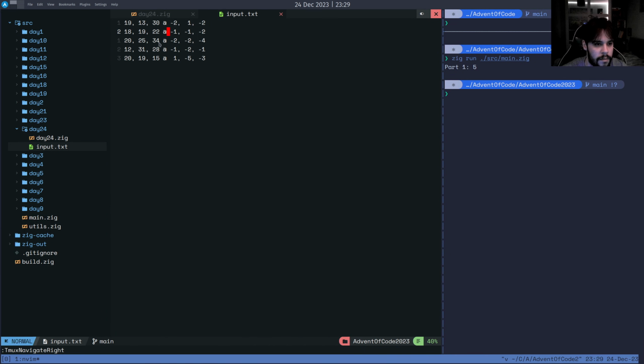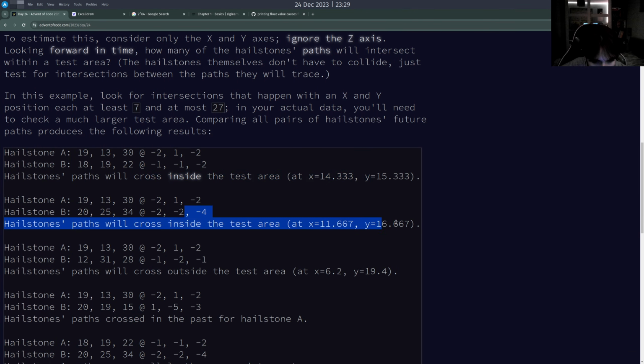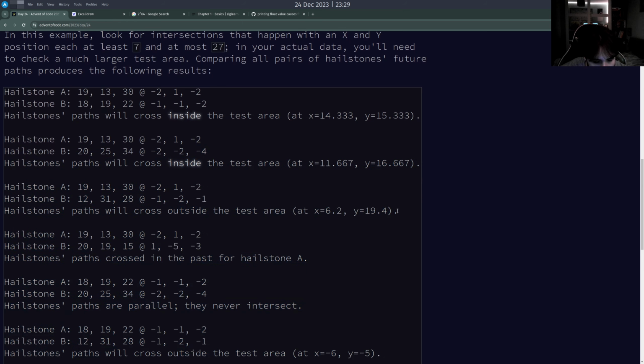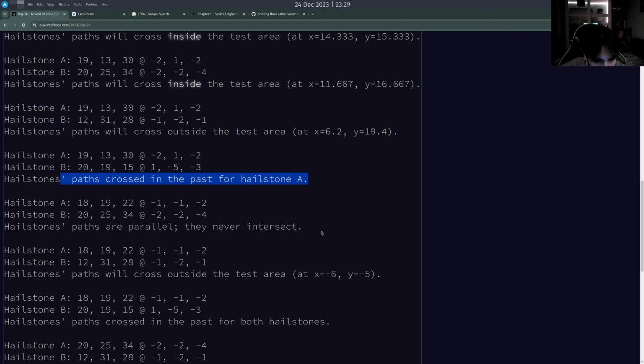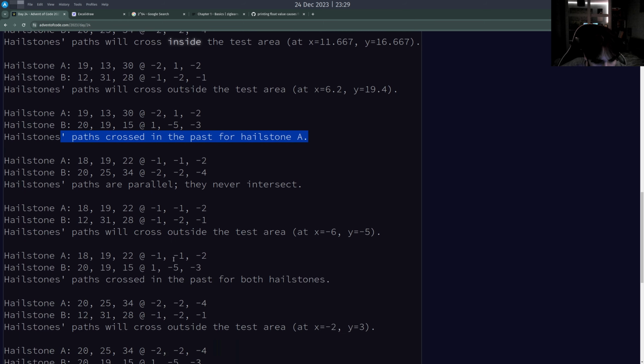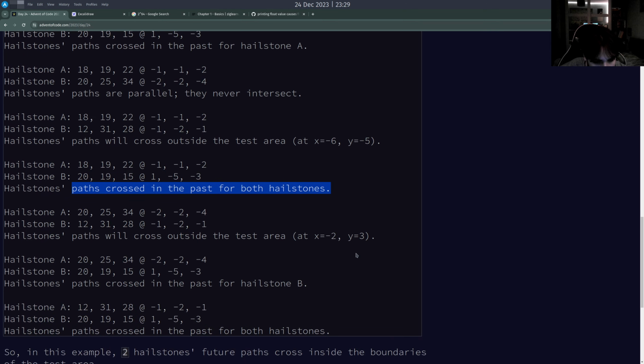There are 5 intersections. Okay. Is that correct with this? So 1, 2. No. 3. 4. Paths crossing the past first and B.